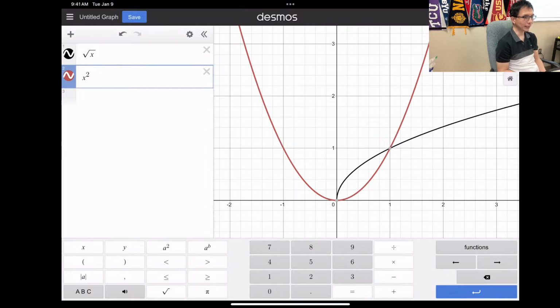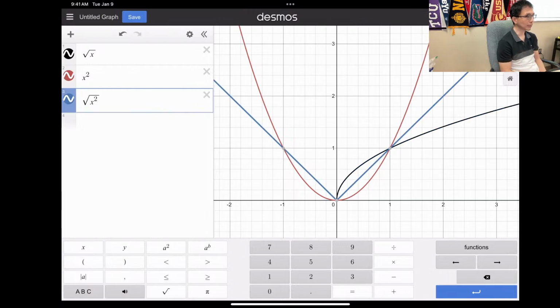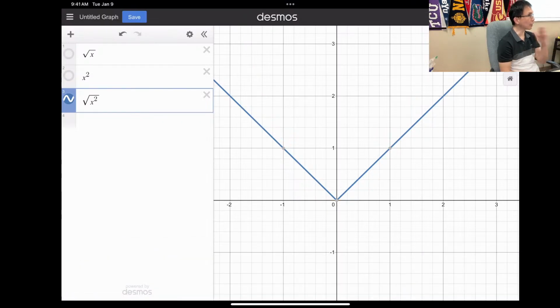If I combine these two, then it's going to be the square root of x squared. It's going to look like this. It's not just x. Going positive it is x, going negative it is negative x. It's an absolute value because it's always going to be positive, because the square root of something is always positive.